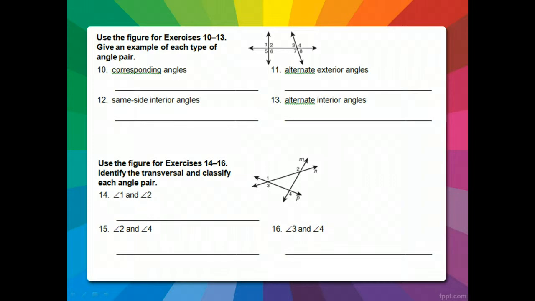Let's look for some more corresponding angles. For number 10, we have a lot of them, but you could have used 1 and 3, 2 and 4, 5 and 7, or 6 and 8.